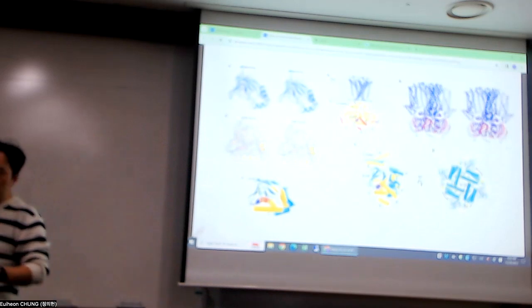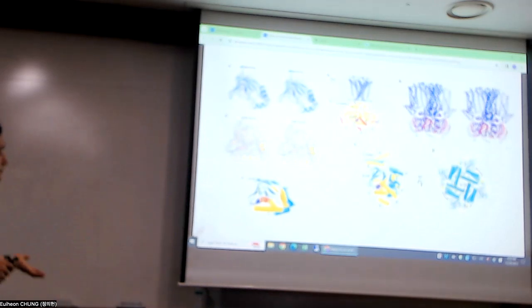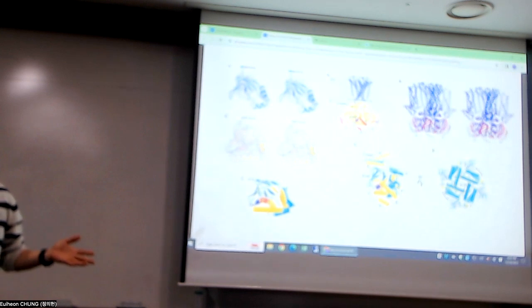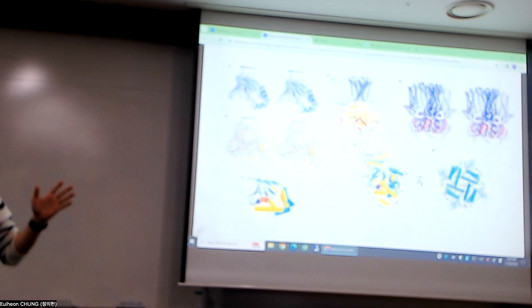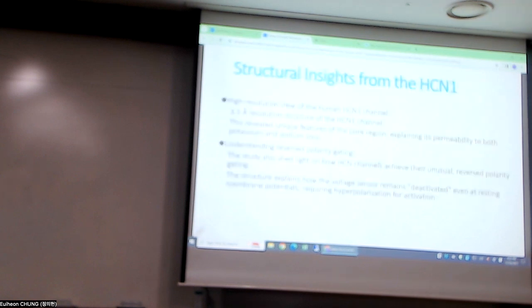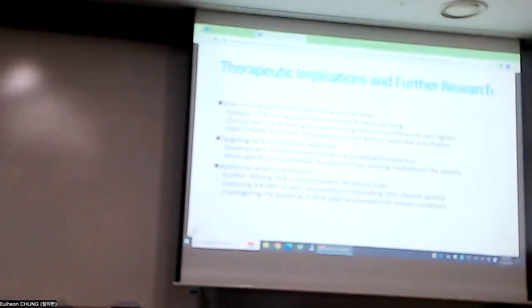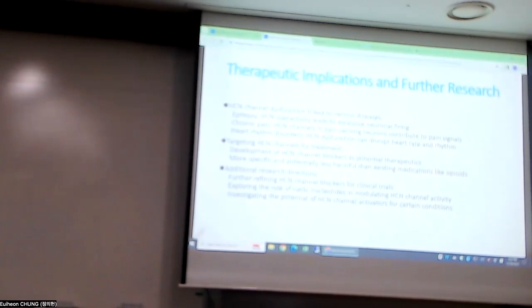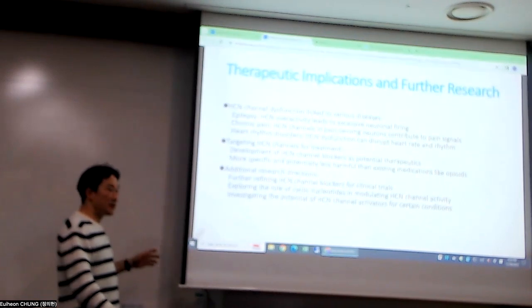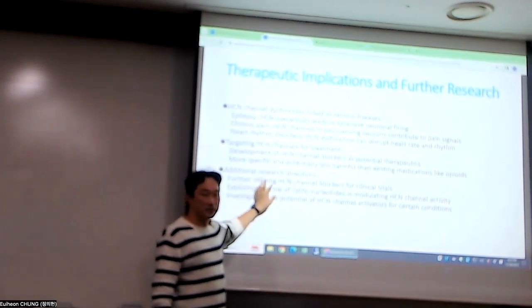So through this structural mechanism, the HCN channel is able to be activated by hyperpolarization. I already talked about the potential therapeutic implications at the beginning. So this can be a good candidate for neuropsychiatric therapeutics.